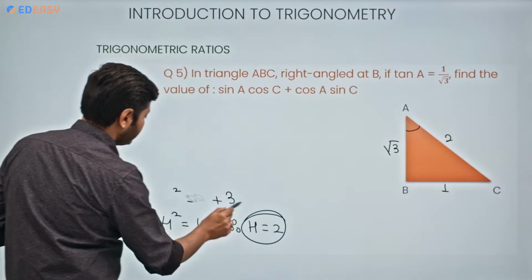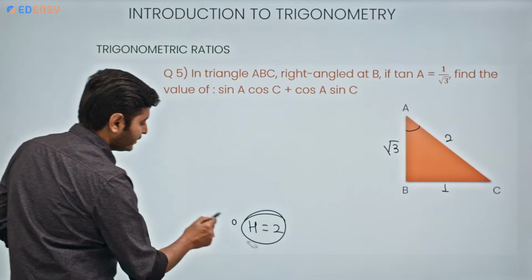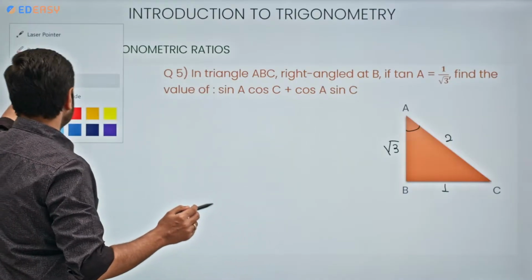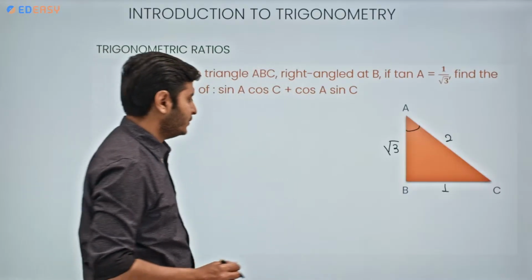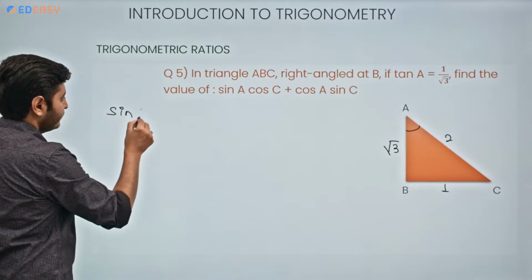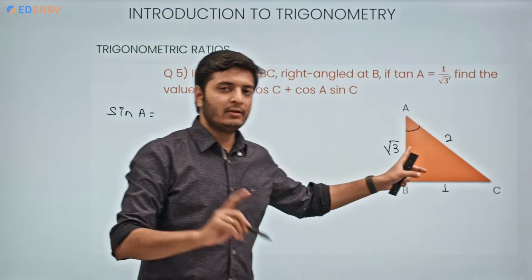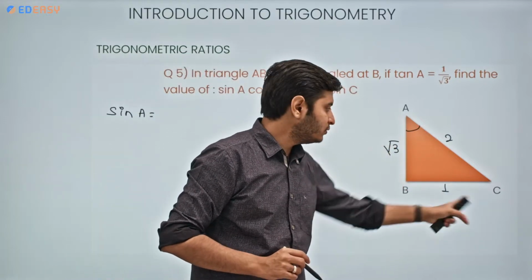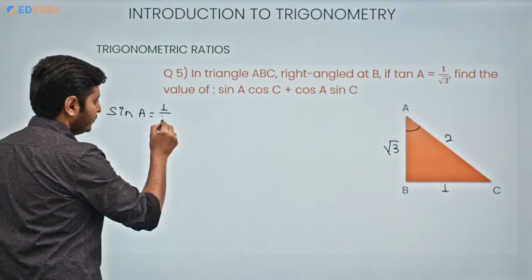So what do we need to find? First we are gonna find the values. Prior to solving the expression, we are gonna find the values first. We need sin A and cos C, correct? So I'm gonna write the values here. Sin A. With respect to angle A, we need to find the ratio of P by H. P is perpendicular, so 1 by H 2. 1 by 2.